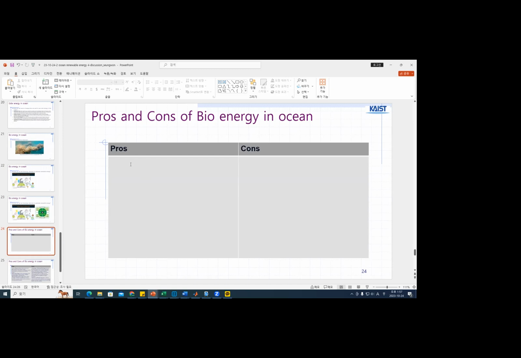So this is the last part of today's discussion session. Can you tell me the pros and cons of bioenergy in ocean? No one.